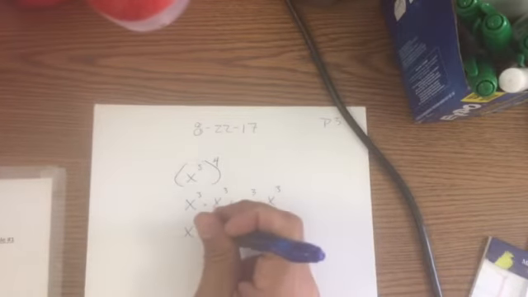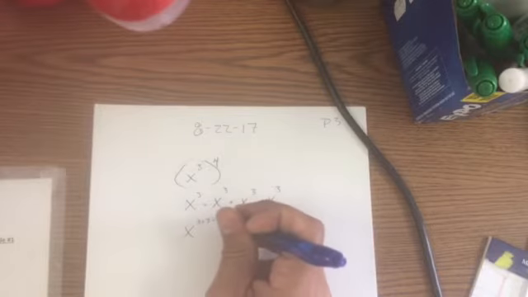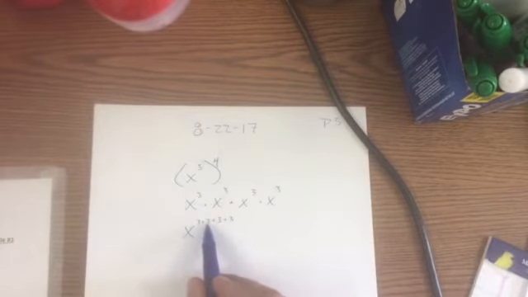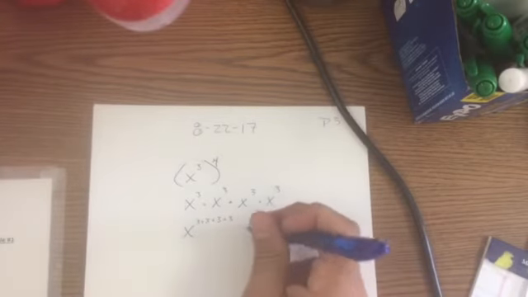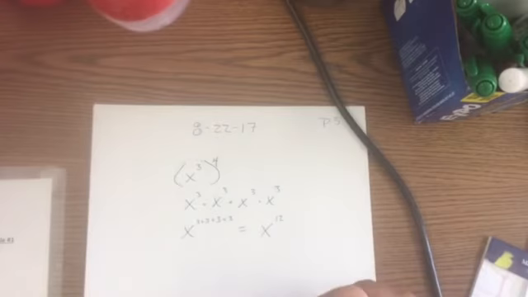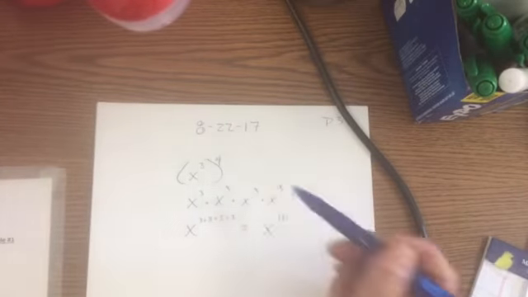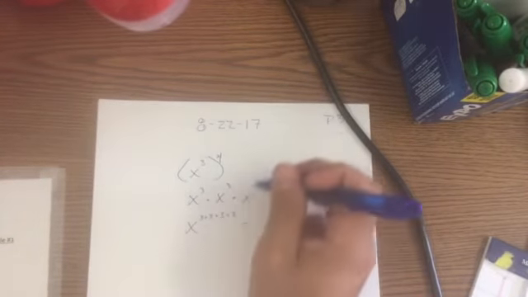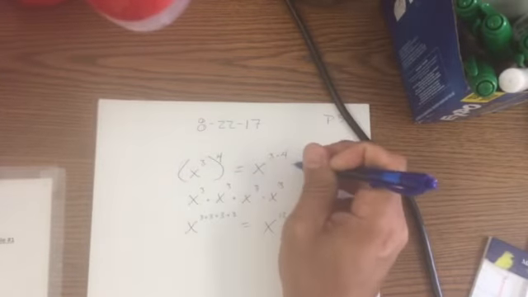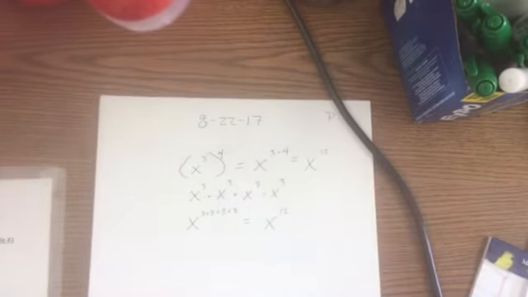So I'm going to go 3 plus 3 plus 3 plus 3, which is 1, 2, 3, 4 times. So that's going to give me x to the 12. A simpler way to do that is if I have exponents to the exponents, or a power to a power, I multiply those guys together. So this becomes 3 times 4, which is 12. Same thing that we just did.